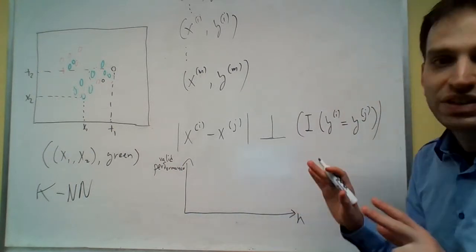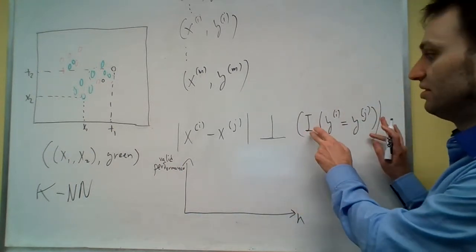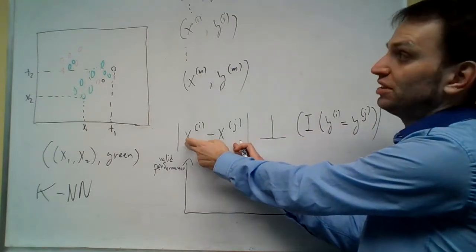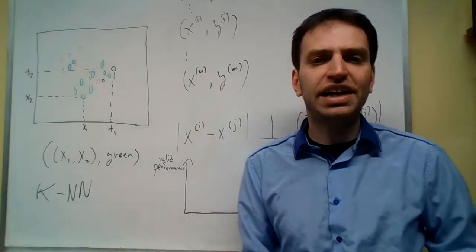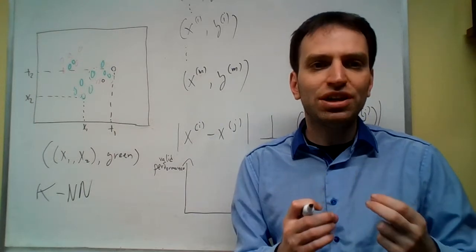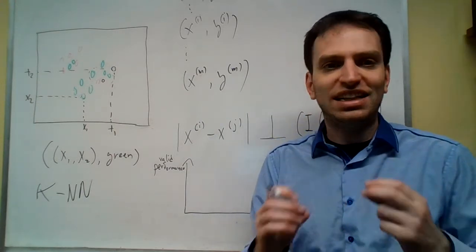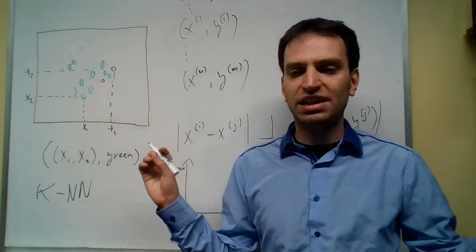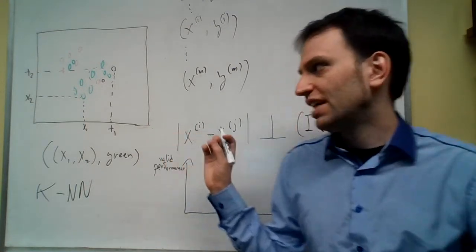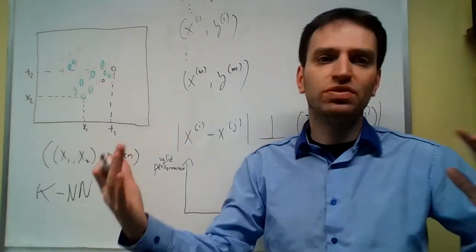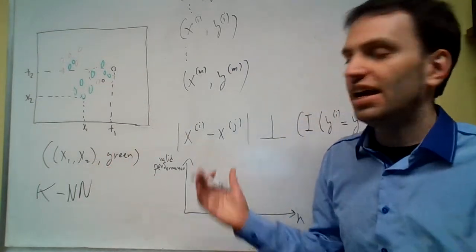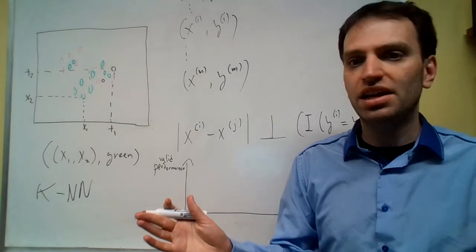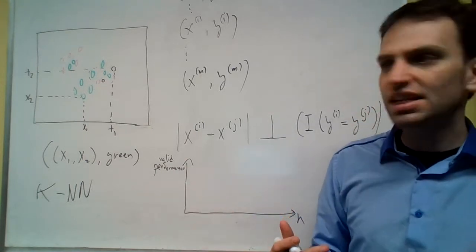Well, if the label has nothing to do with the labels of the neighbors, then if you're using k nearest neighbors, the best you can hope for is that it won't screw things up. What do I mean by that? Well, the baseline is to just do a majority vote of the entire training set and see what the majority is, and that's going to be our output. How can you screw it up with k nearest neighbors?